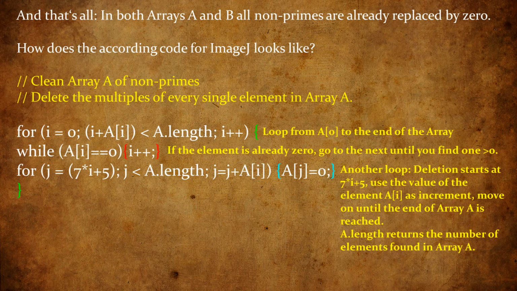And now the deletion loop starts. It starts deleting from 7i plus 5 and it uses the value of the element ai as increment and it moves on until the end of array A is reached. Three lines of code that zero all the non-primes of array A.